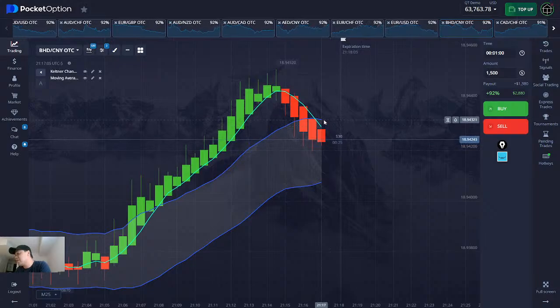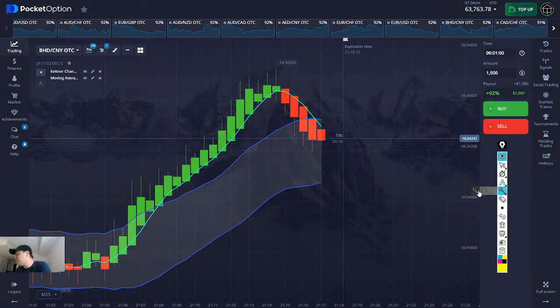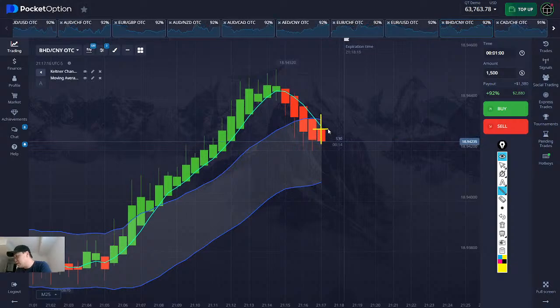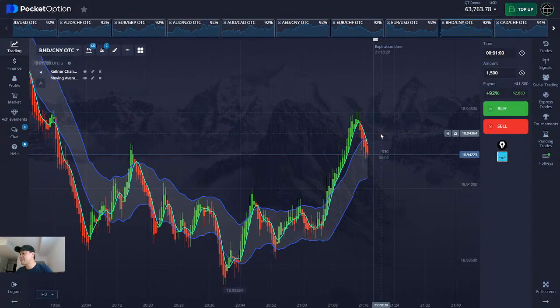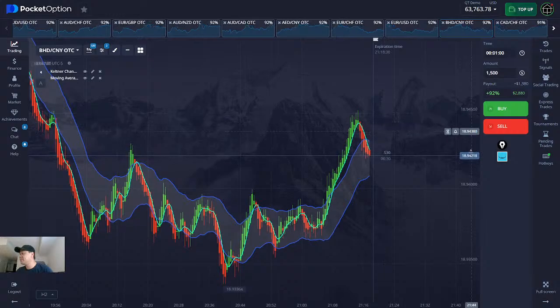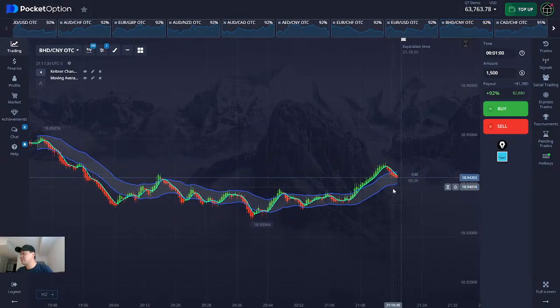Okay, if it comes back up to here with a doji, it looks like a cross, right? A doji looks like this, right? Looks like that. Okay, so let's wait. It's still not bad.